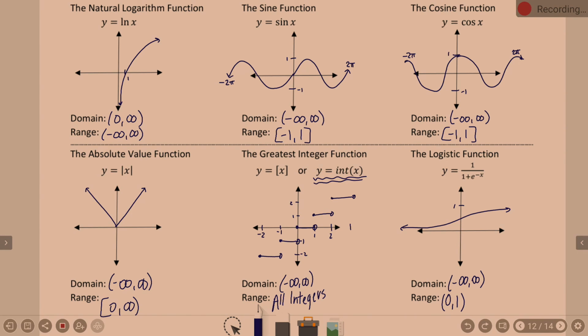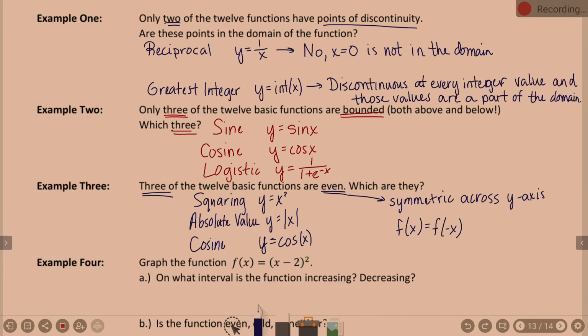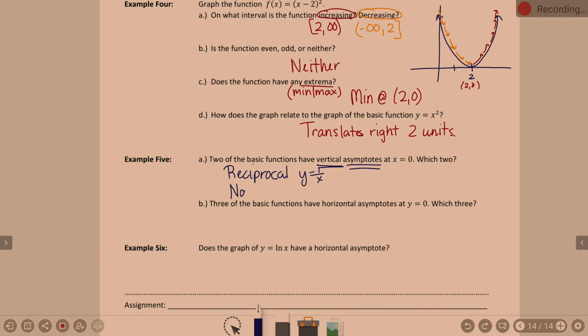Natural log? Okay. For the test, am I going to have to know all these, like what they look like? Yes and no. I'll address that at the end, unless I say no calculators. I'll address that here in a moment.